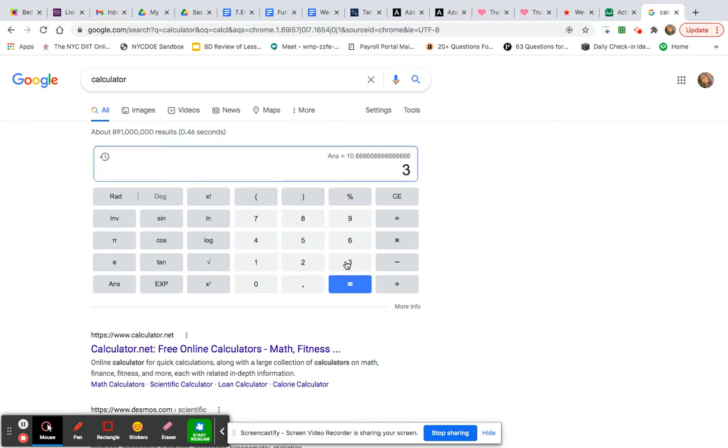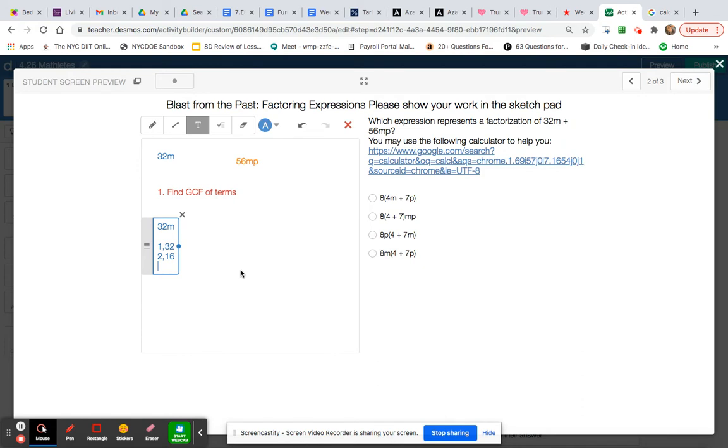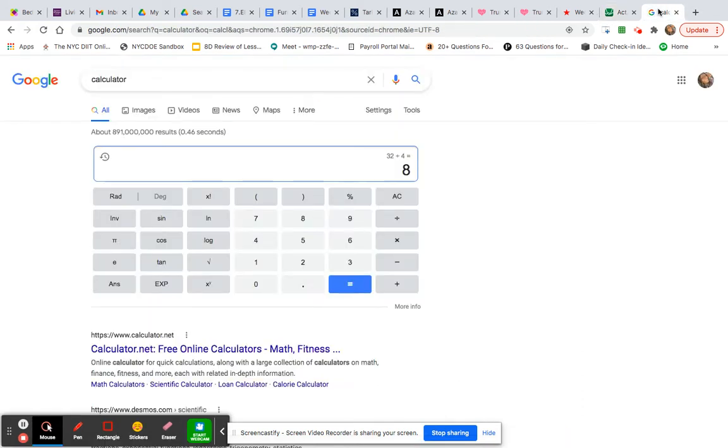If you do 32 divided by 4, that's 8. So 4 times 8 gives you 32. 5 doesn't go into 32, but you can still check by using your calculator. 32 divided by 6 gives me 5 point something, so that's not it. 32 divided by 7.